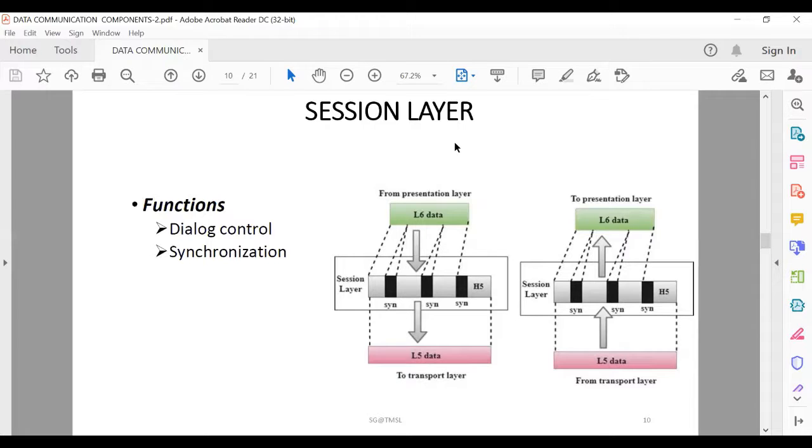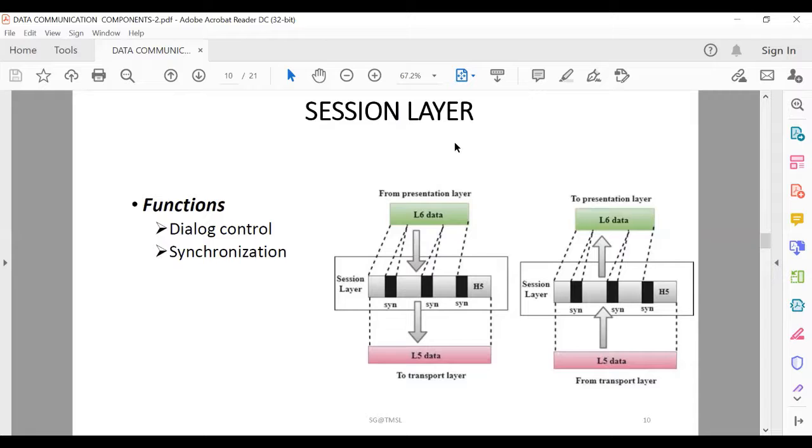Two functions are available, dialog control and synchronization. In the dialog control function, the dialog controller creates a dialogue between two processes, or we can say that it allows the communication between two processes, which can be either half duplex or full duplex.